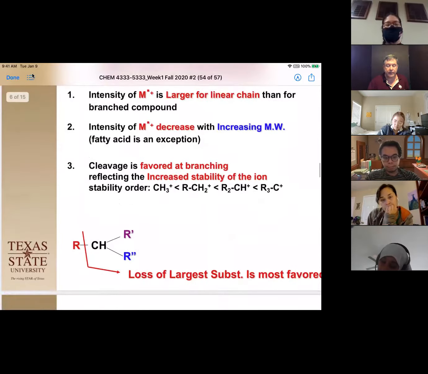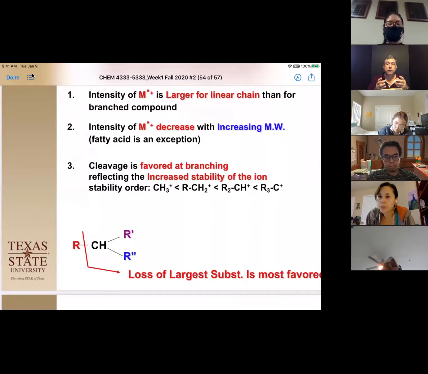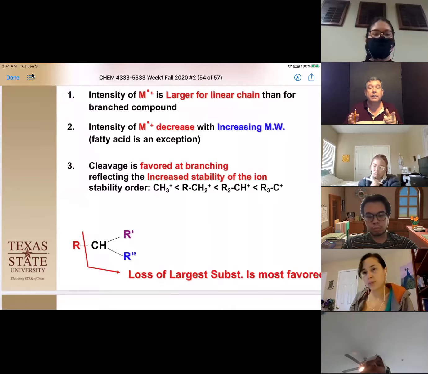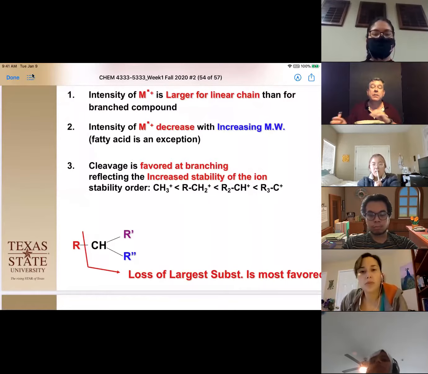So rule number 3 is cleavage is favored for branched, and that has everything to do with the idea that tertiary carbocations are more stable, and therefore it's easier to make that fragmentation. The other thing is that if you have a straight chain, you're more likely to see it clip 14, 14, 14, 14, because there's no favored part of the branch.